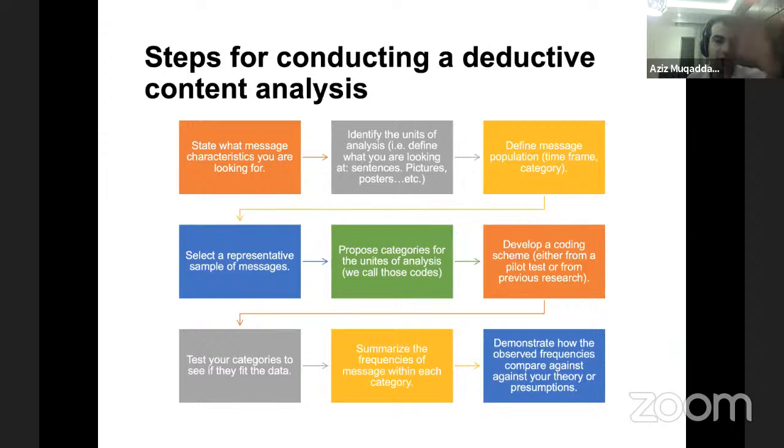What percentage of the total Instagram feed falls within each category? That would be a numerical summarized frequency of the messages within each category. And finally, you create a table and demonstrate that to your readers. Okay, so these are the steps overall.